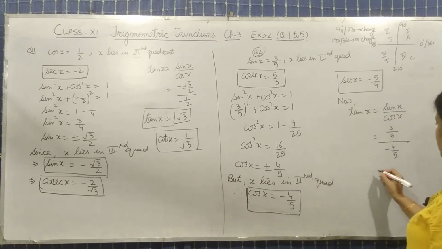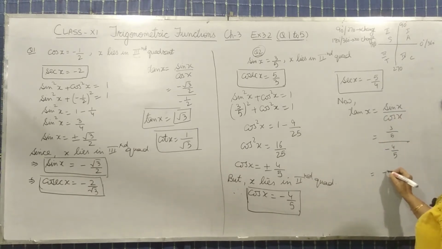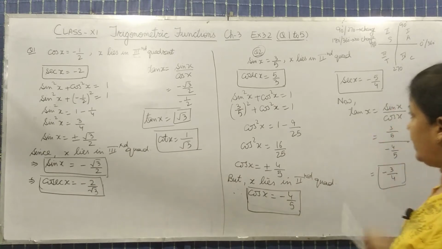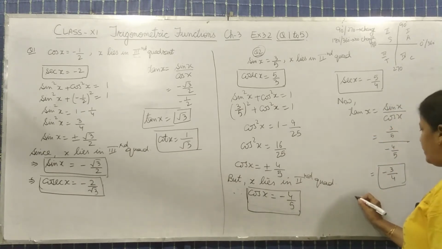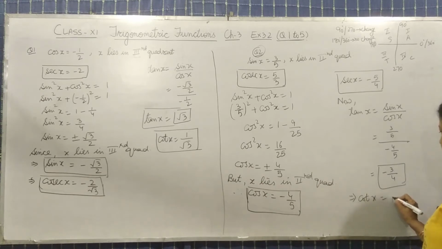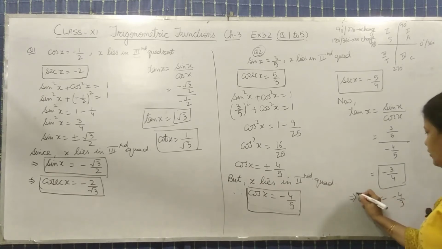So tan x will be minus 3 by 4. So this is the value of tan x. Now tan x has come. Now we can find out cot x. Cot x will be minus 4 by 3.